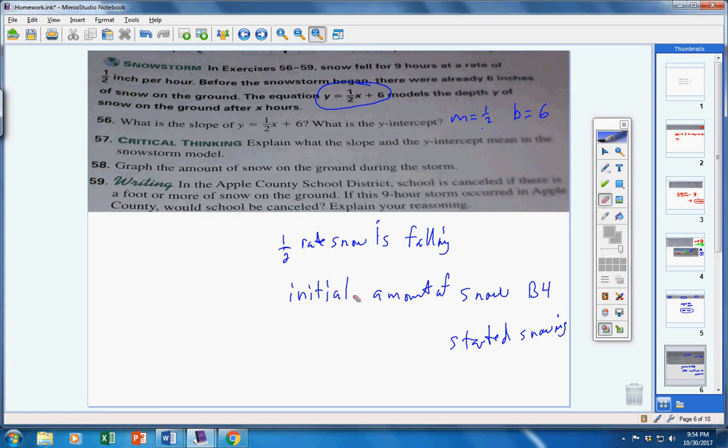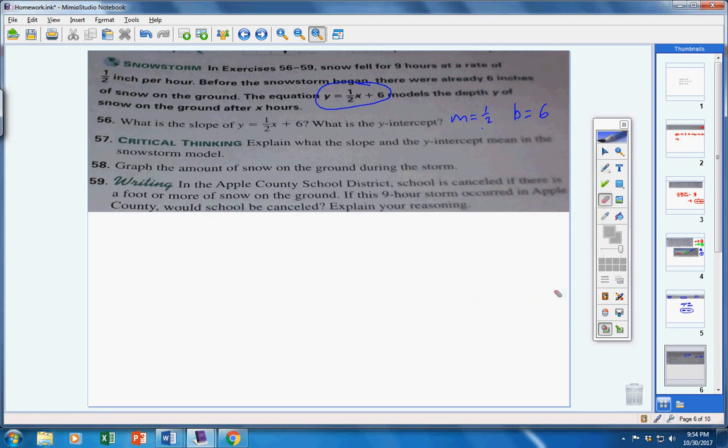Now, graph the amount of snow on the ground during the storm. 58. Okay, no problem. That's easy. We know how to do this, don't we, guys? First of all, we know that at 0 hours, there were how many inches on the ground already? 6, right?